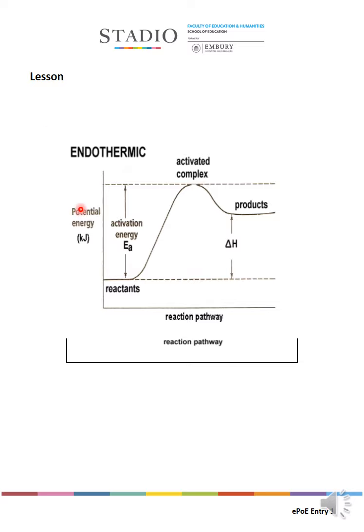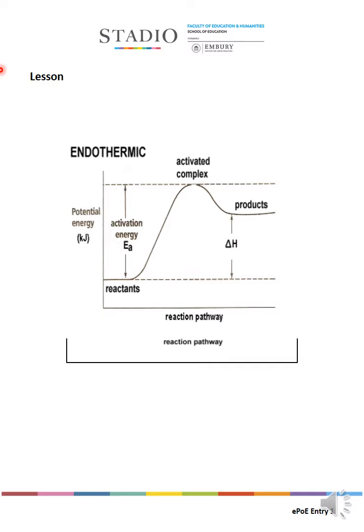Always positive. You understand? Because by endo, what do we mean? In, taking in. So delta H is positive, and you must also be able to define the activated complex, and you must know what is a reactant and what is a product again.